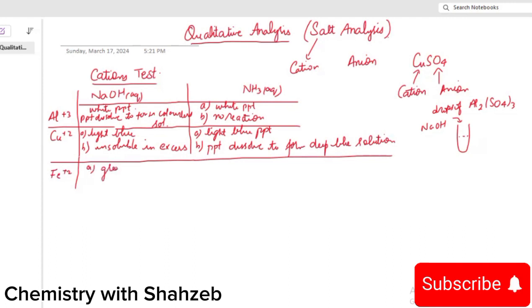A green precipitate forms. Here also a green precipitate forms, but the precipitate is insoluble in excess, and it is also insoluble in excess of ammonia.